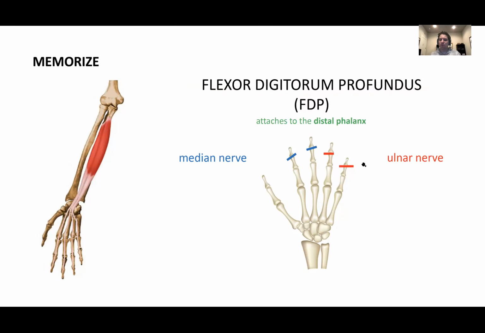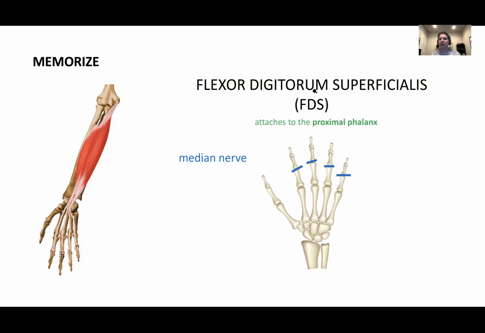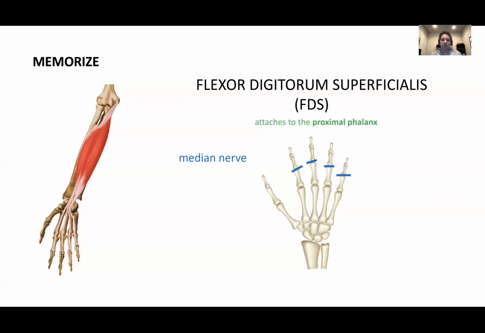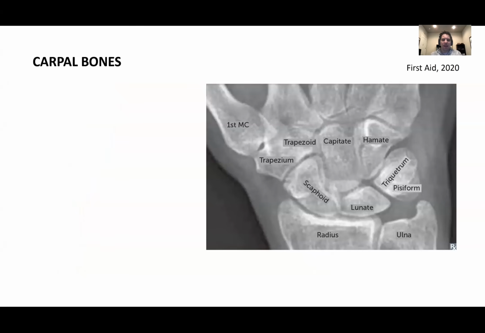But a lot of times, like the question previously, they talk about you can't flex the DIP of the 4th and 5th digit. It's just the ulnar nerve portion of the flexor digitorum profundus. Now, if you have an injury to the flexor digitorum superficialis, you're going to affect all 4 of the proximal joints. Okay, so just sit with these, let it stew a little bit, and you'll get that down.